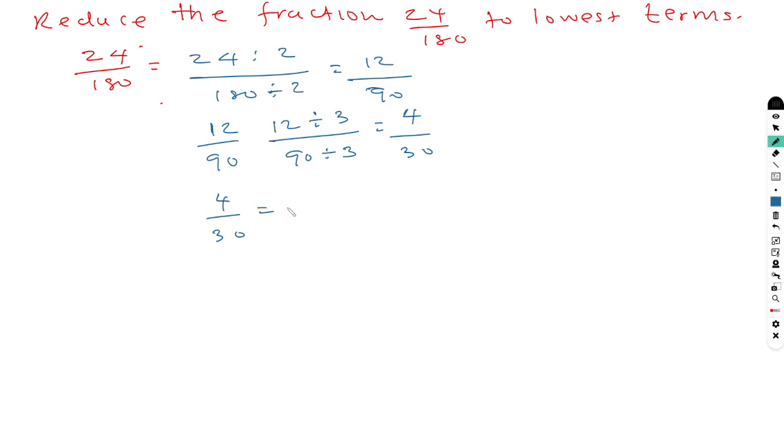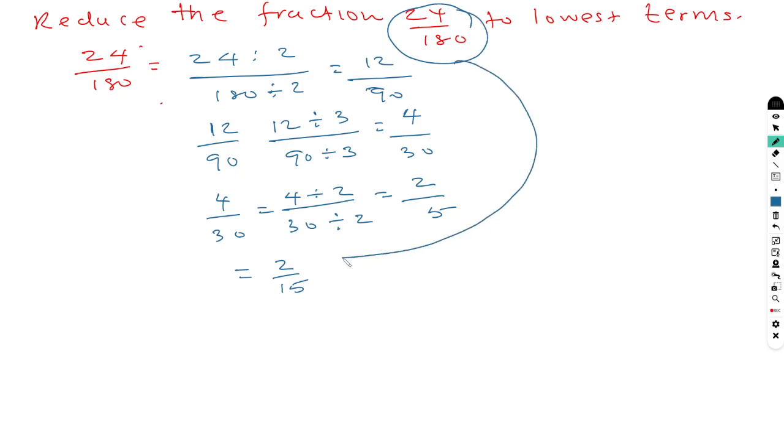So that will be 4 divided by 2 over 30 divided by 2. That means it is 2 over 15. So in this case we've got 2 over 15 as the reduction of this.